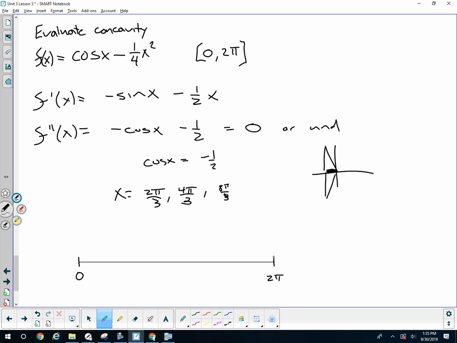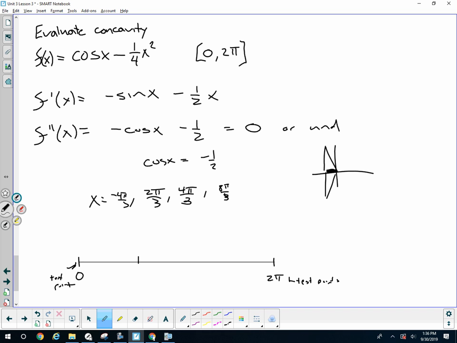So 2 pi is actually a possible test point if we wanted it to be. Same with 0. If I went around my circle clockwise, the next solution would be at -4 pi/3. That is telling me that 0 can be used as a test point. 2 pi can be used as a test point.